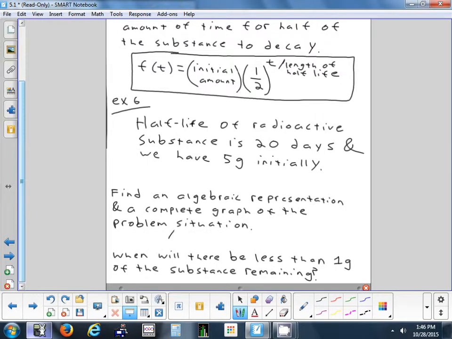So let's start with our equation. Somebody give me the equation that'll give me the amount as a function of time. Yeah, so 5 times 1/2 to the t.